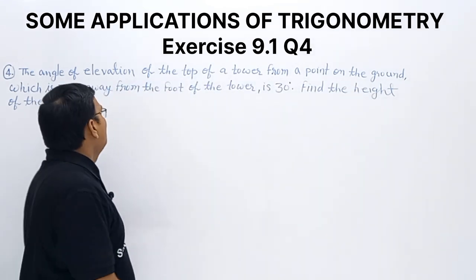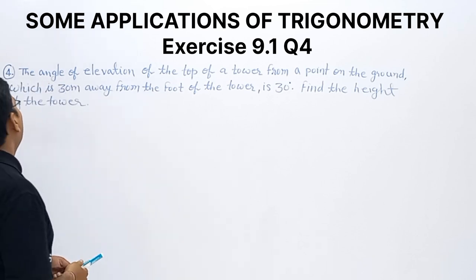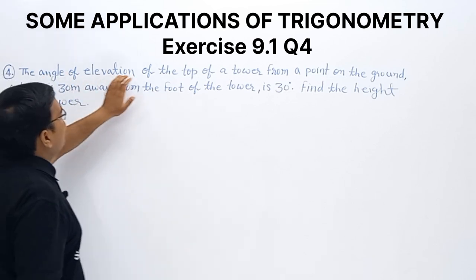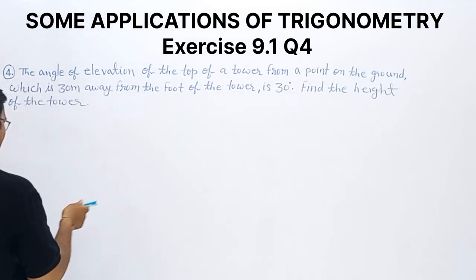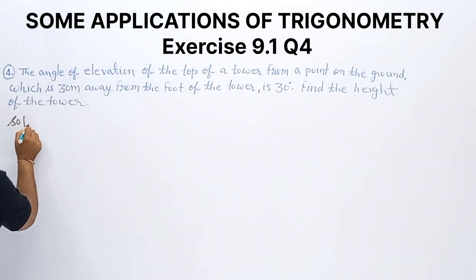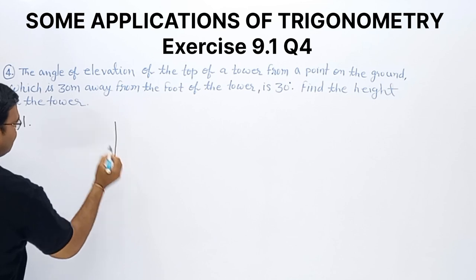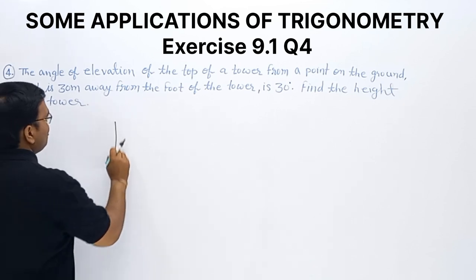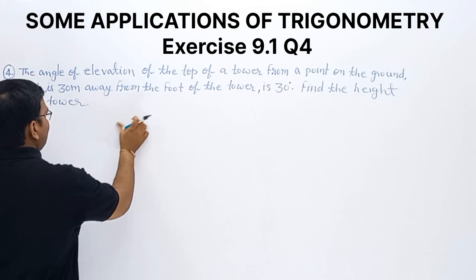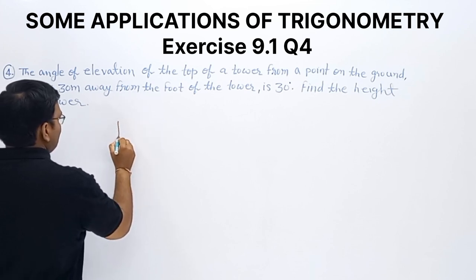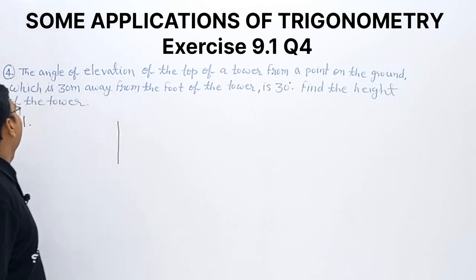Yes, we are having one tower. The angle of the elevation of the top of the tower. Observe what will be its solution. This is one tower. I am drawing a tower. This line is showing a tower.